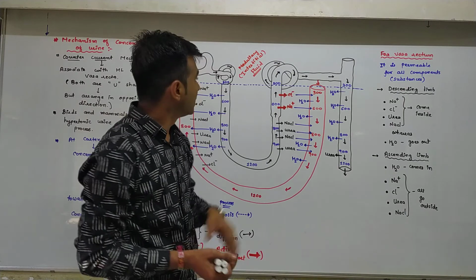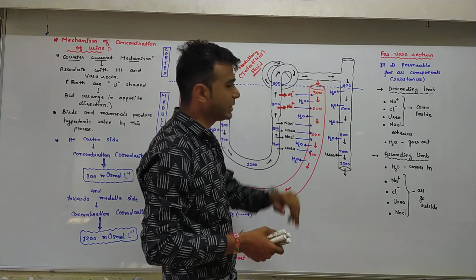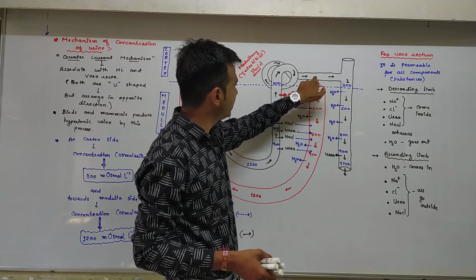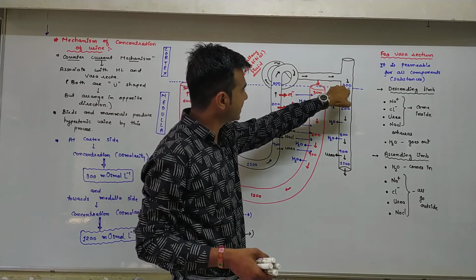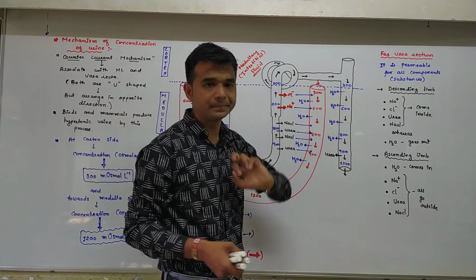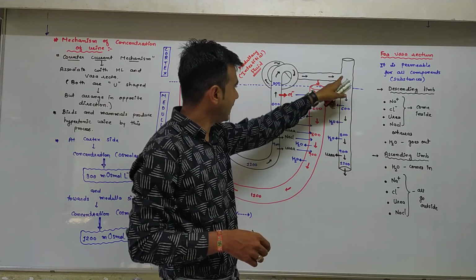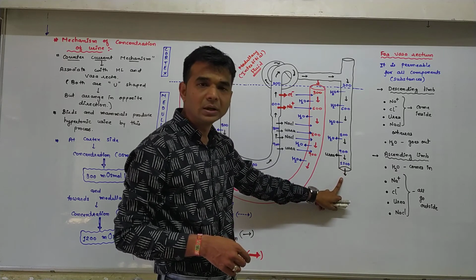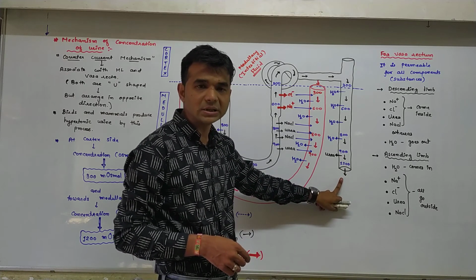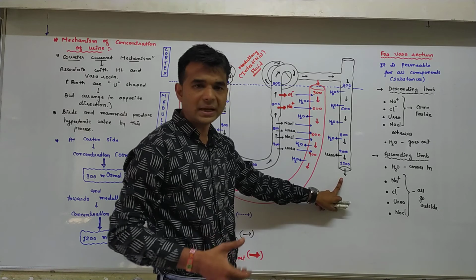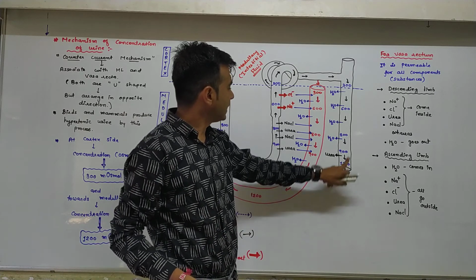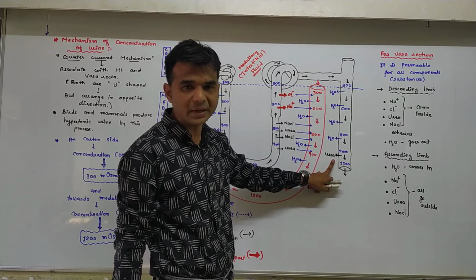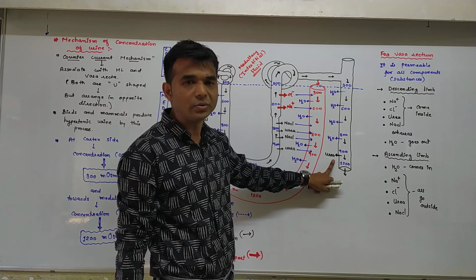But now what was here? Urine void is there. As you know, after DCT, urine void is there. So in the collecting duct, the urine is collected and made 1200 milliosmol per liter concentration. And yesterday I told you that the lowermost portion of the collecting duct is permeable for urea.